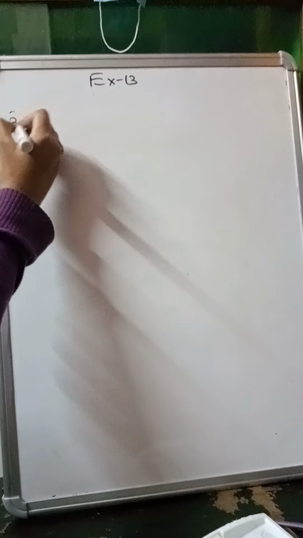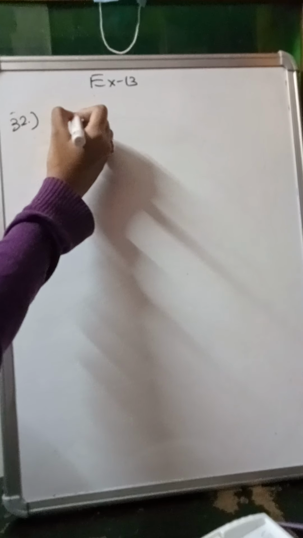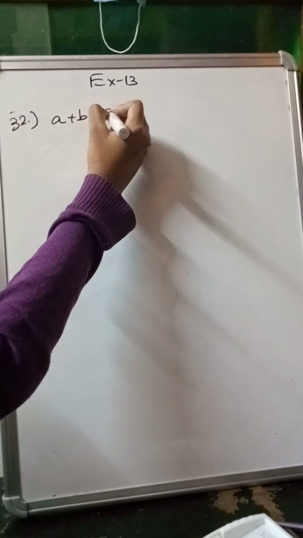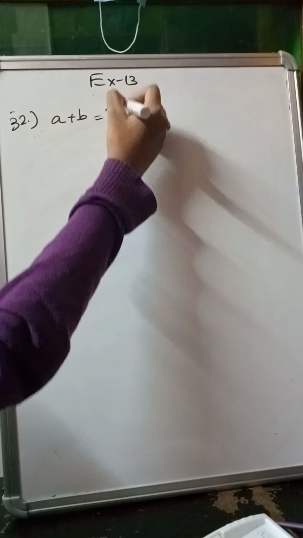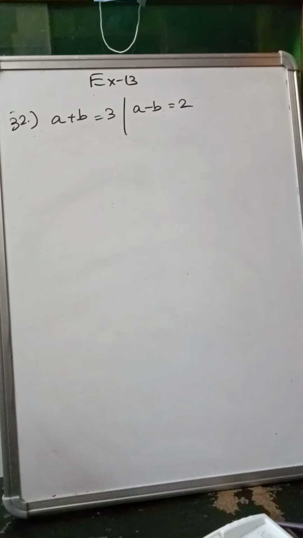So what data have been provided, what information have been provided? So this is sum number 32. Okay, so we have been given a plus b equals 3 and a minus b equals 2, right?